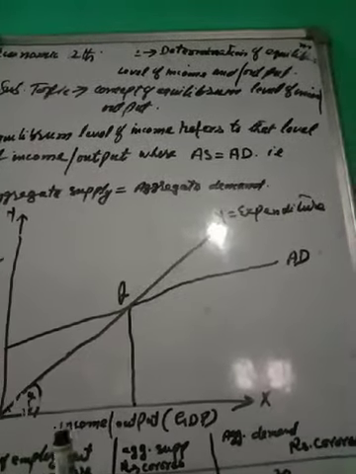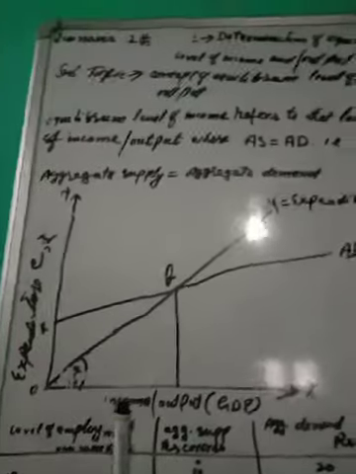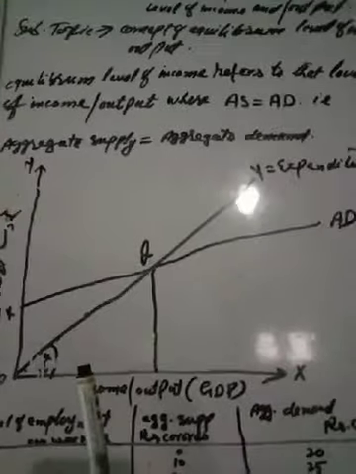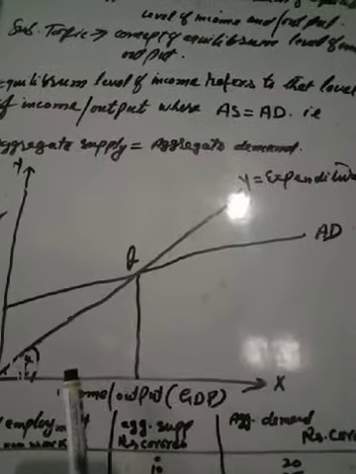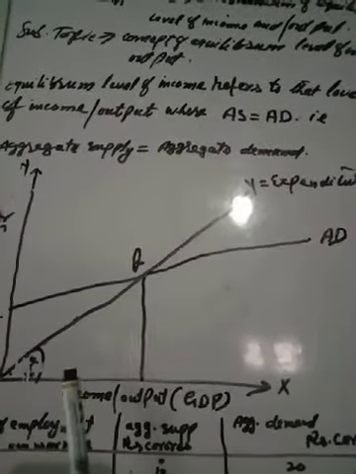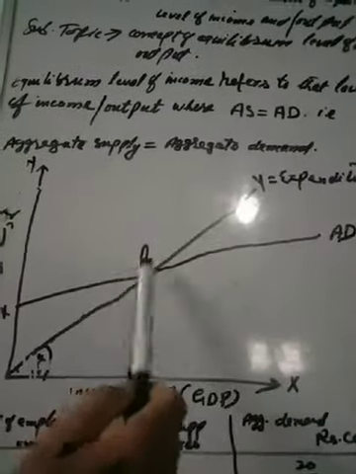Here AD intersects the 45 degree line at point Q, so Q is the point of equilibrium where AS is equal to AD.